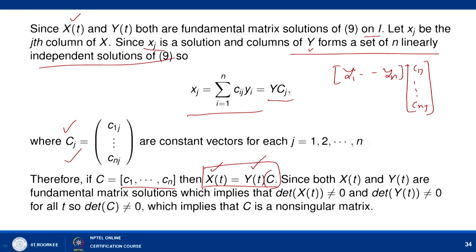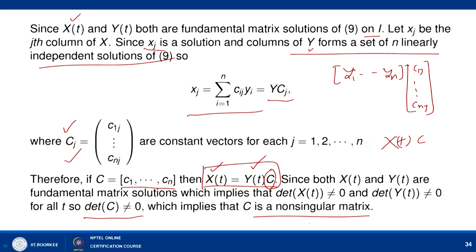So, we can show that the determinant of C has to be non-zero. So, it means that C is a non-singular matrix, and any fundamental matrix can be written in this form, where C you can obtain with the help of X(t) and Y(t).